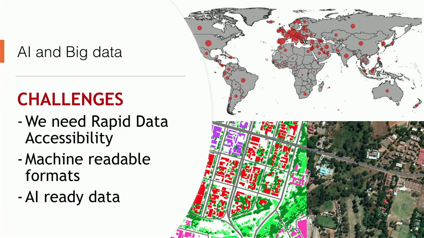But if we look at the exponential technologies like AI and big data, they are very useful and they bring us a lot of possibilities, but there are challenges with data. And one of those challenges is that we need data with rapid accessibility, connecting different archives in a way that is accessible, findable, interoperable, and so on.